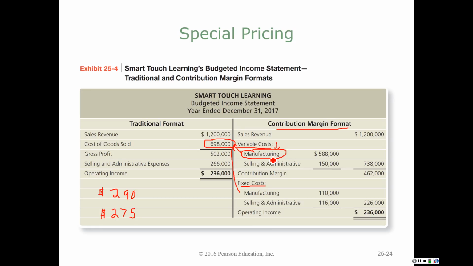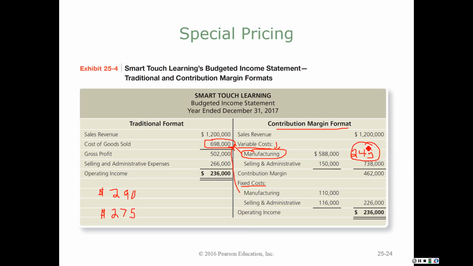So if I take the variable cost of $588,000 and divide it by the 2,400 tablets that we made, those tablets cost us, on average, $245 a tablet. If I take on the special order, I'm going to incur materials, labor, and overhead to the tune of $245 a tablet.